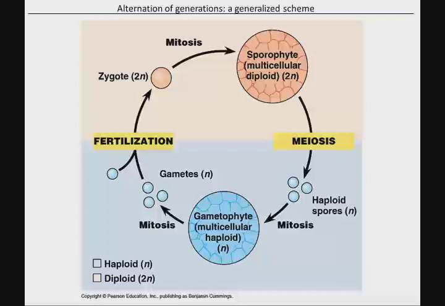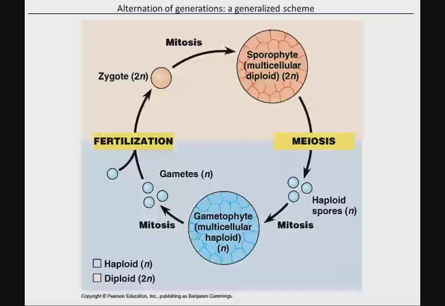So remember, the key to meiosis is that it halves the ploidy. So the result of meiosis in this case is spores, and those spores are now haploid. Those haploid spores actually start to divide mitotically and grow up into another organism. This is the next generation, and that gametophyte is haploid.